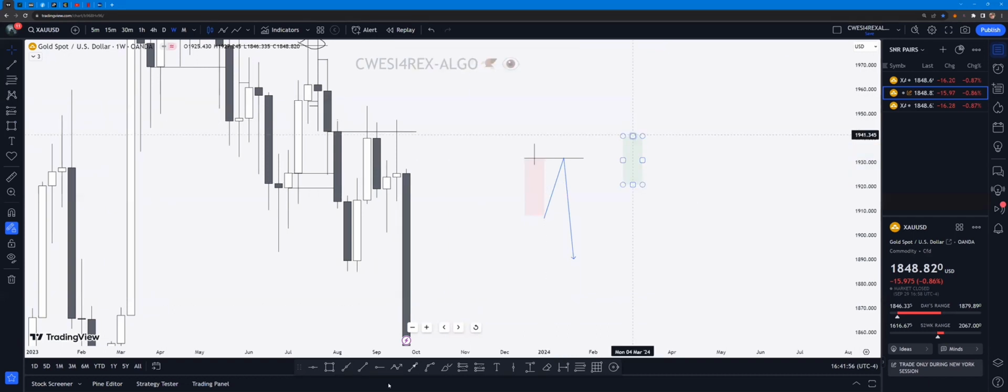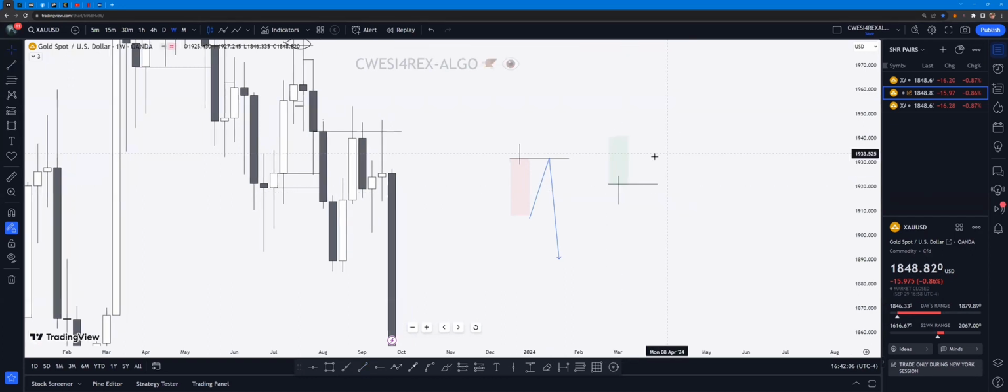First, we have this bullish gap level where we have this support. Then when the next candle opens, price comes to mitigate this and goes up. So we have this mitigation of this gap level, right?